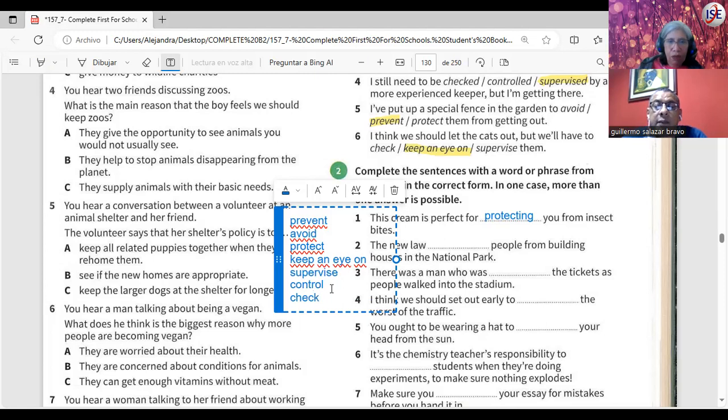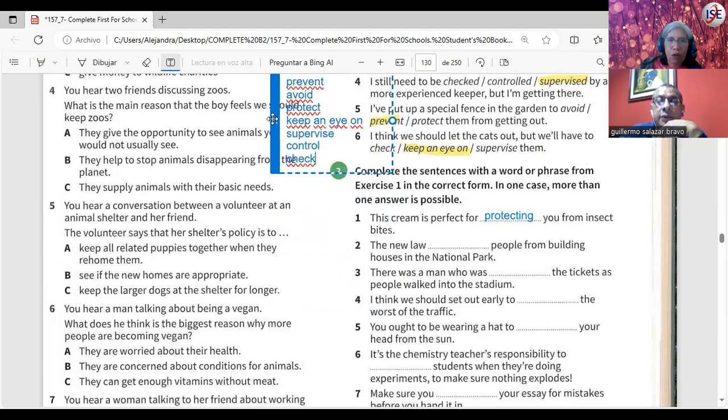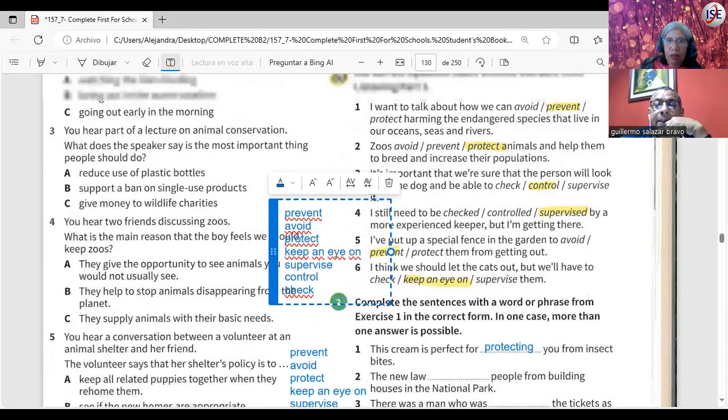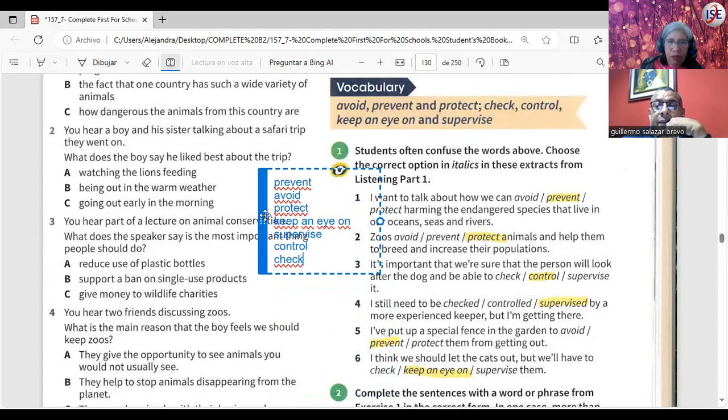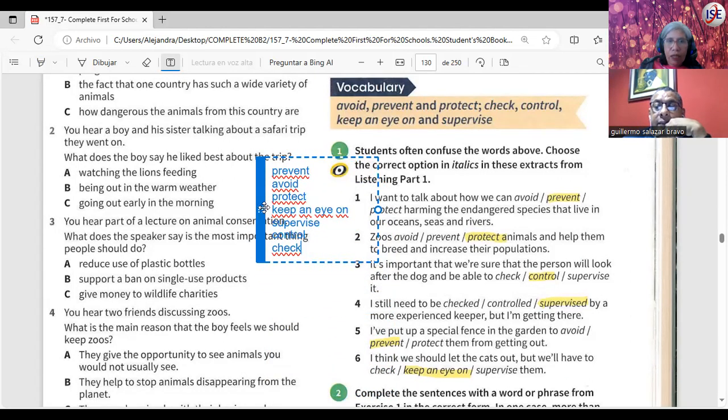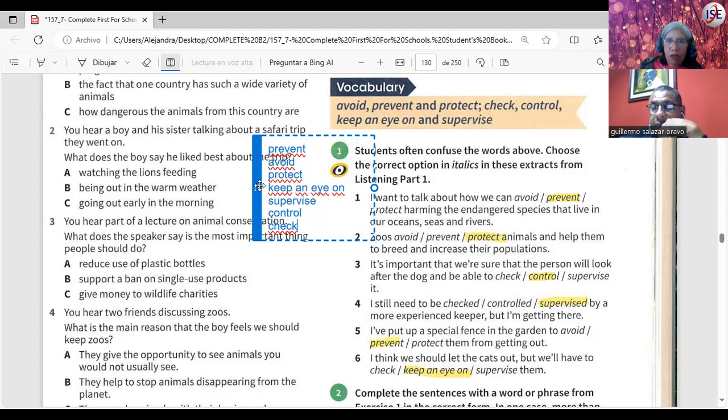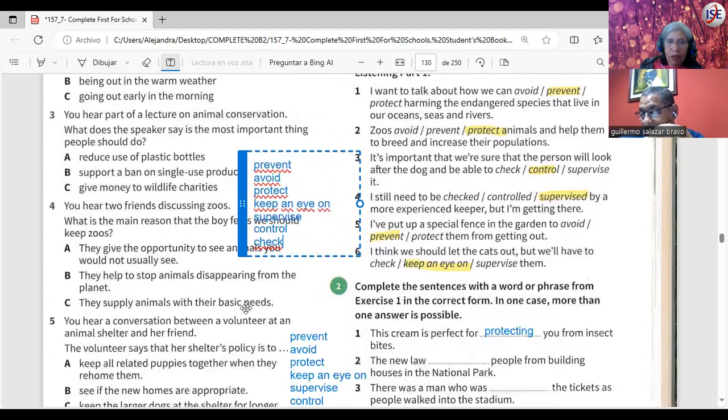I want to copy the words here so we don't have to go up and down. Okay, so let me see if I have them all. Avoid, prevent, protect, keep an eye on, supervise, control, and check. Yes, those are the words.